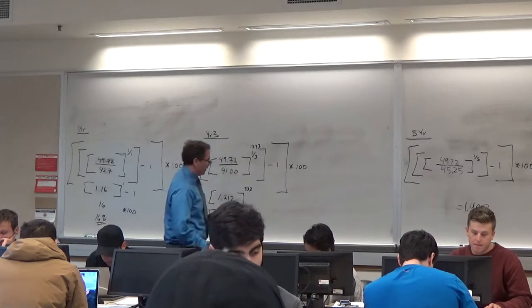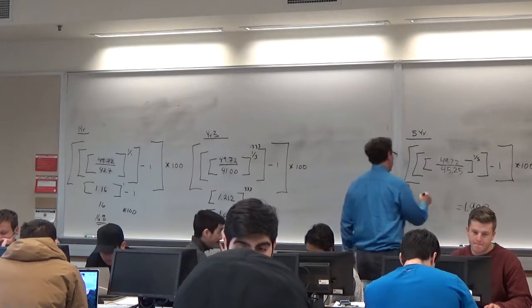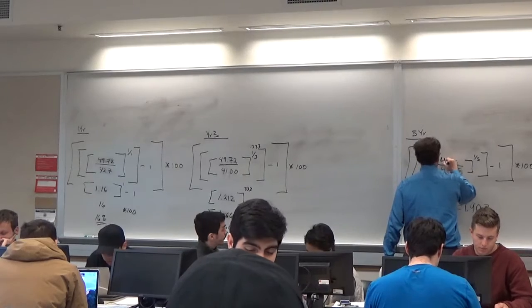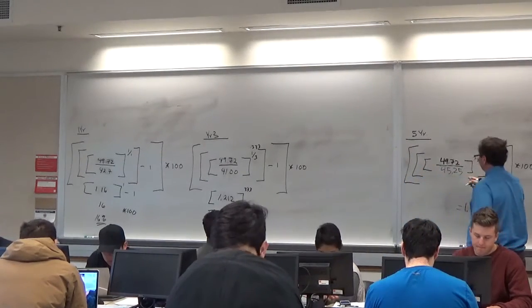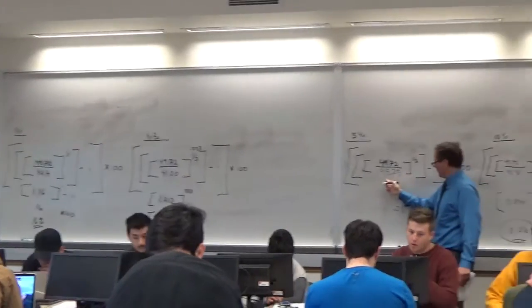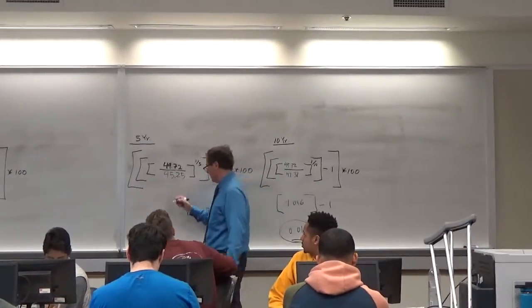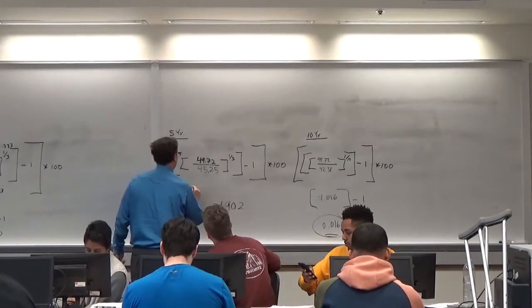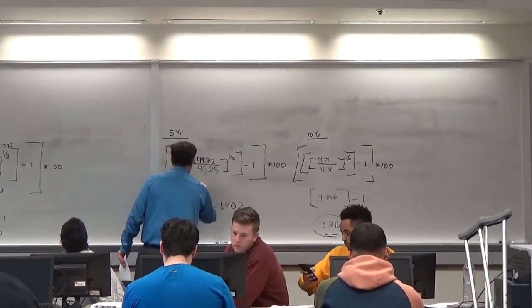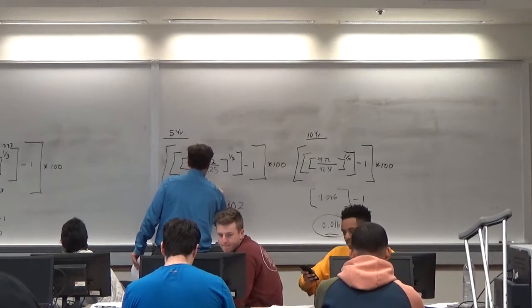Okay, and then over here we got 49.72 again. And 5 years ago, the index was 45.25. So what's 49.72 divided by 45.25? 1.098.